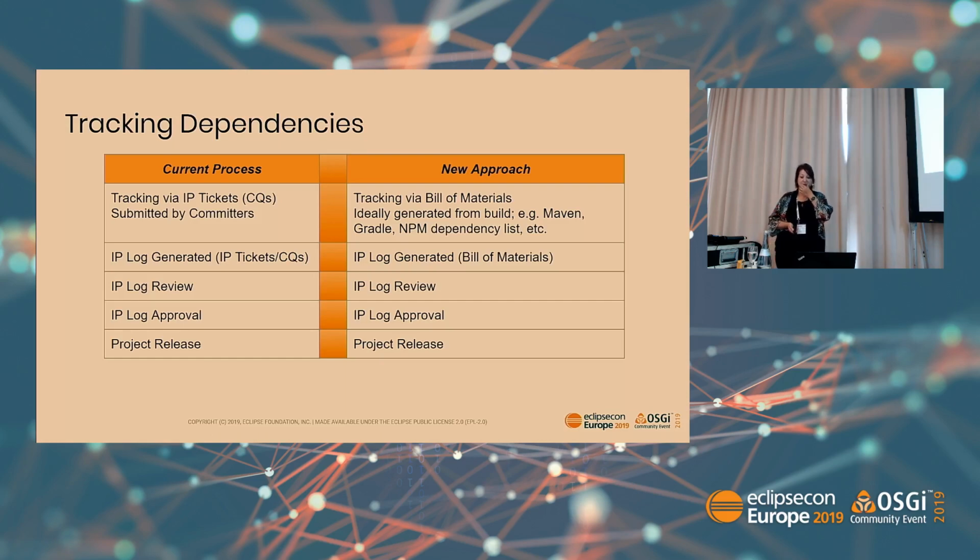So the new approach is simply going to use the data from your tooling to produce your software bill of materials. It will be generated just like the IP log generated from IPzilla. It's going to come from this bill of materials. You ask for your review, you gain your approval, and project release.